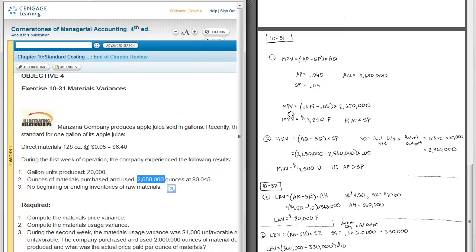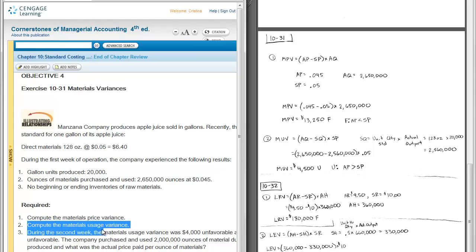So we can go ahead and plug all the information into our equation, make the multiplication, and we see that our material price variance is 13,250. And favorable or unfavorable, we can think back to our comparisons. And in this case, the actual price of 0.045 is less than the standard price. So we know that this is a favorable variance.